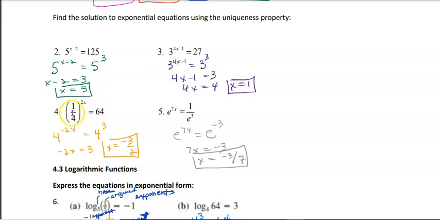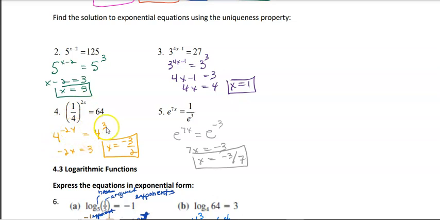Okay, now you've got to be careful here. I want to get a base of 4 because I know that 64 is 4 to the third power. So here, 1/4 is 4 to the -1. Then take that -1 and raise it to the 2x power. That means do multiplication. This becomes 4 raised to the -2x.